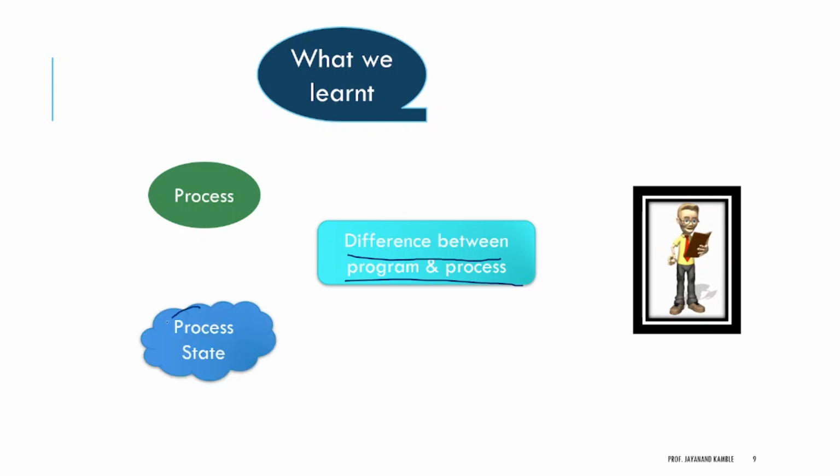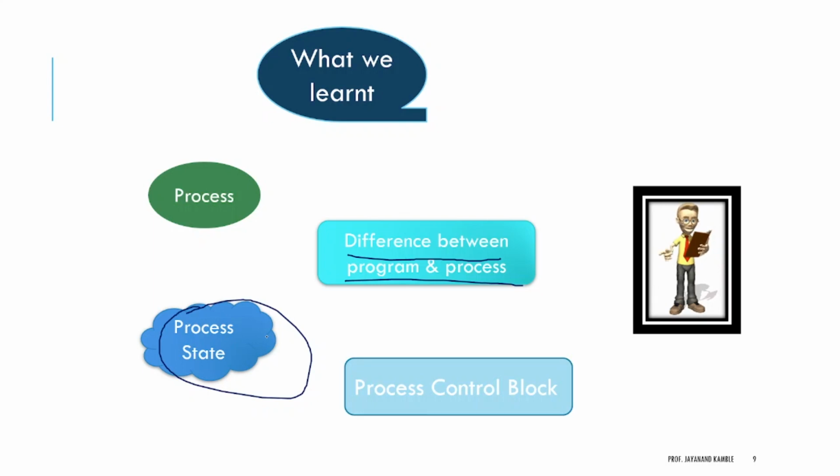That is what a process is. So when the cake changes state, similar to that, the process also changes state, and that is nothing but the process state. And then finally we conclude our discussion with the process control block, which is nothing but a repository of all the information with respect to a particular process.